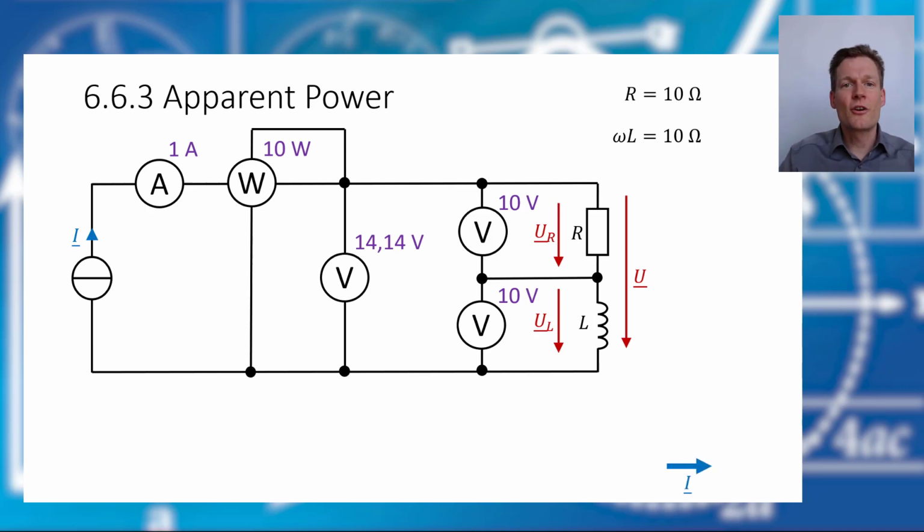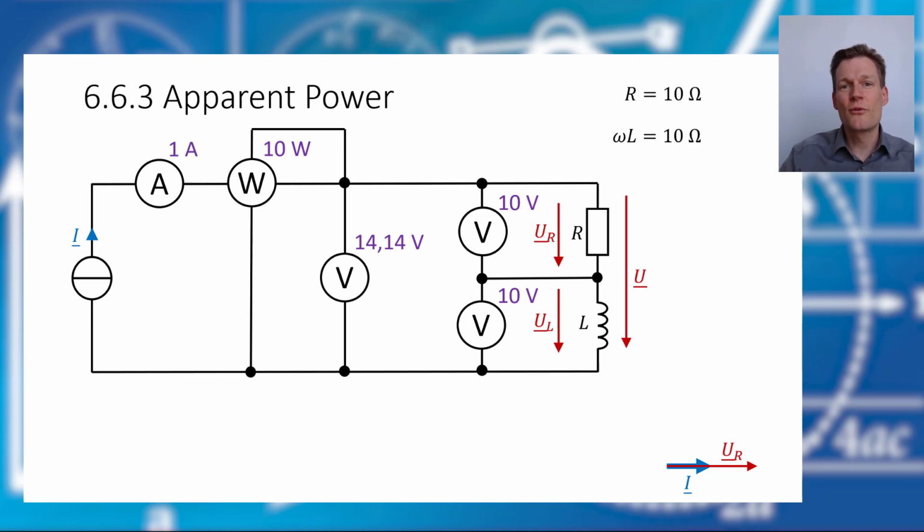Let's start with the current because it's the same in all elements. And then we know that the voltage drop at the resistor is in phase. And we know that the voltage drop at the inductor has a 90 degrees angle to the current and the voltage is leading.